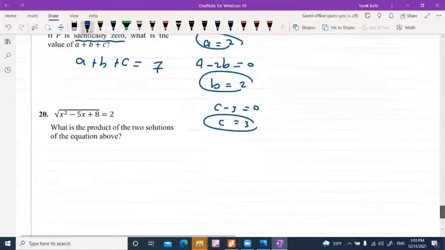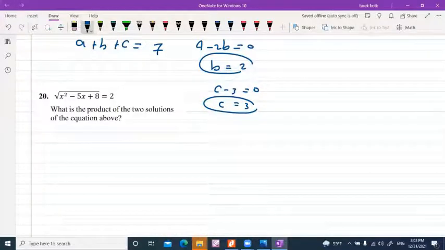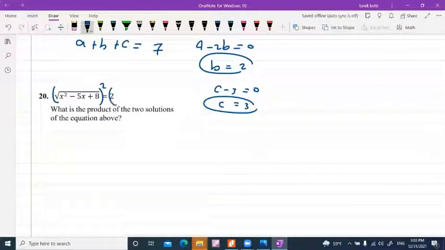Square root of x squared minus 5x plus 8 equals 2. What's the product of the two solutions of this? If you want to solve this equation, you have to square the two sides. So it will be x squared minus 5x plus 8 equals 4.